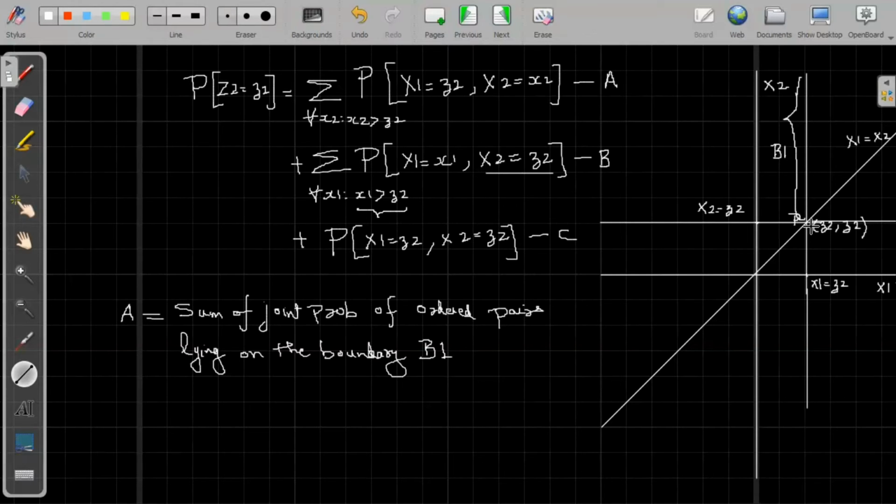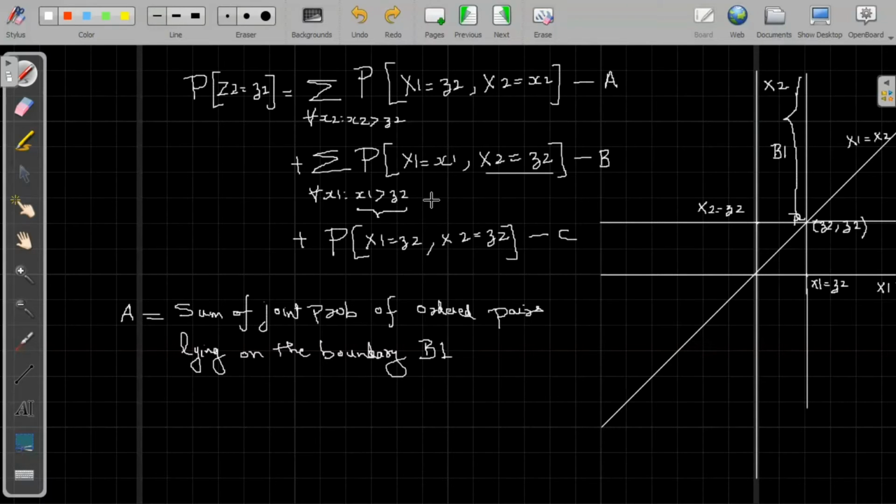You can observe here that on this line x2 is equal to z2, for all those points which are lying to the right of point P, we will always have x1 is greater than z2, and all those points which are lying on this line and to the left of point P, x1 is less than z2, and at point P itself x1 is z2. So this condition x1 is greater than z2 is satisfied by all those points which are lying to the right of this point P.